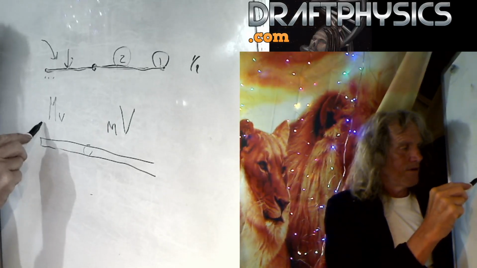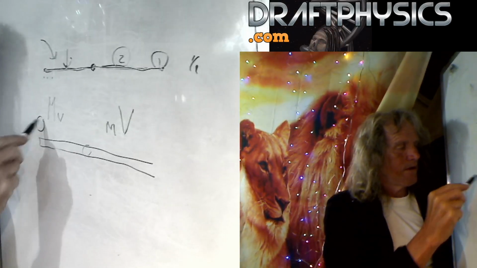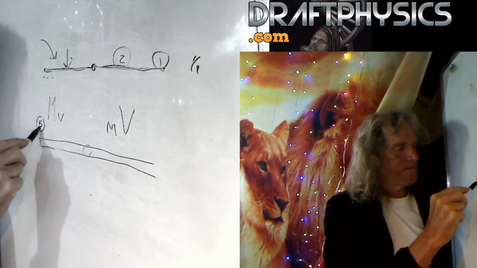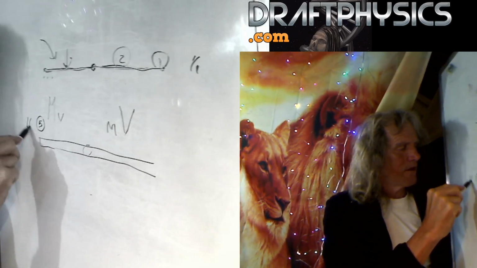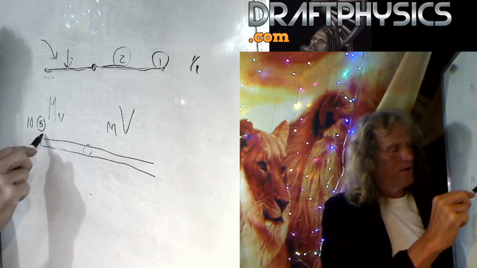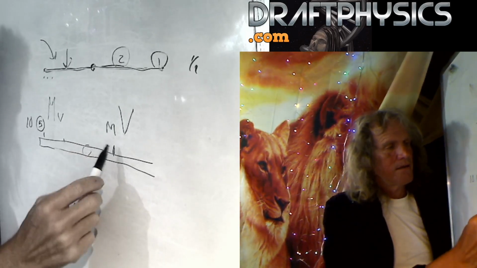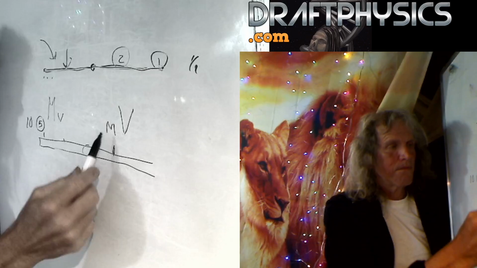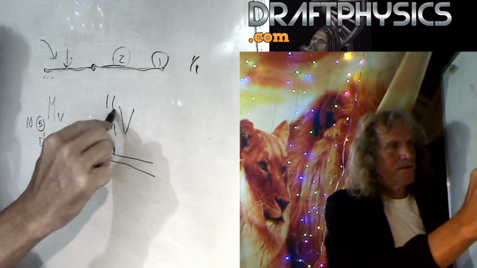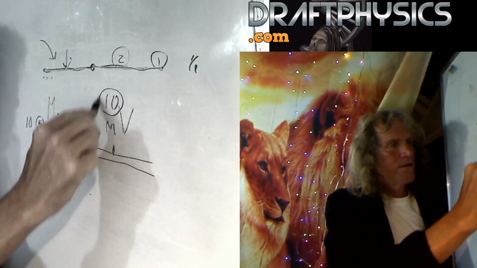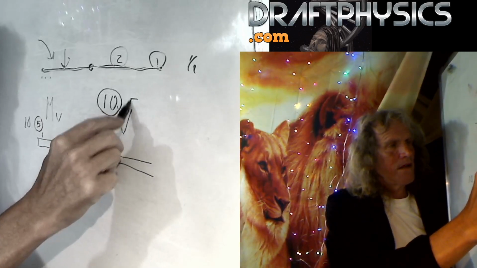So I could put the 5 mass going 10 velocity in here and here, 1 unit of distance. I can push up a 10 mass going 5 velocity.